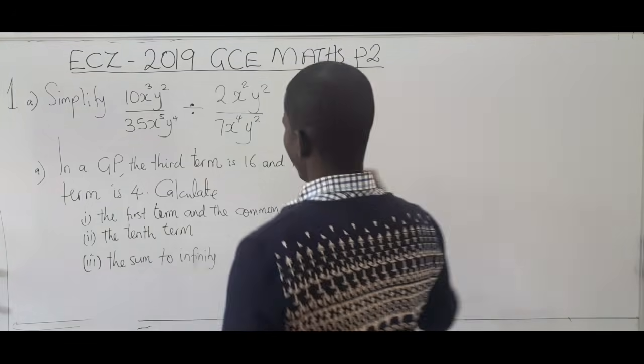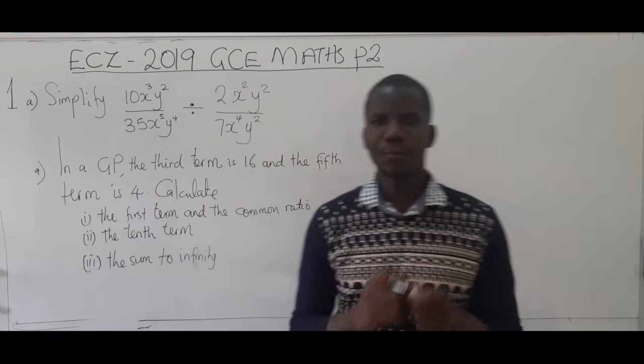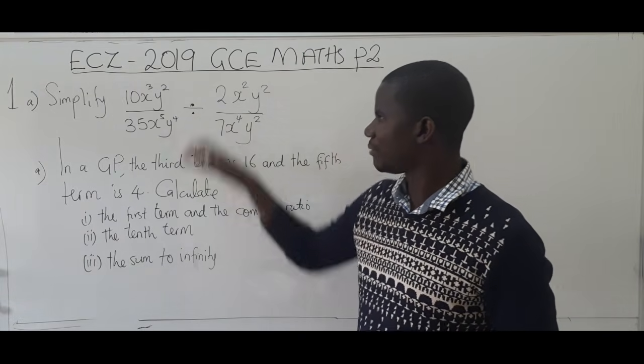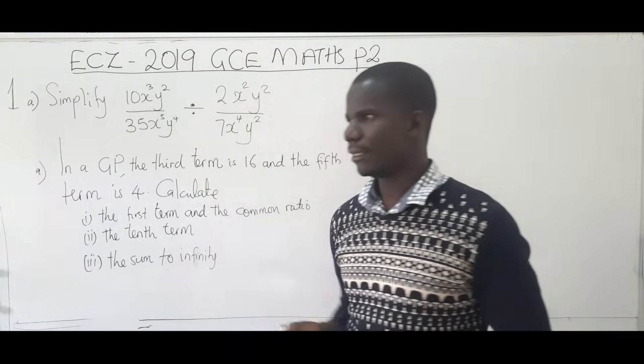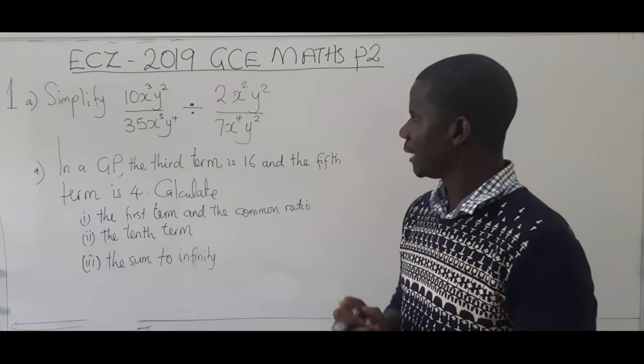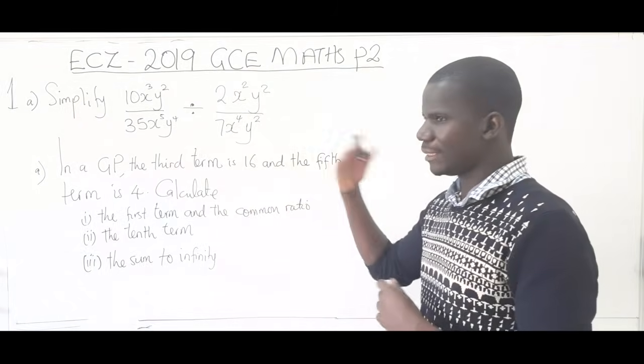Alright, so let's start with the first one. We have a question from algebra where we are asked to simplify. In other words, we need to divide. So how do we divide such a question? The first thing that we are supposed to do is to rewrite this question.